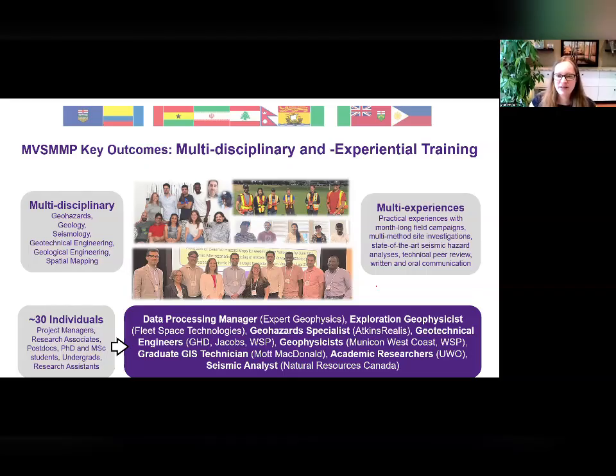One last way to express a wealth of something that happened in the project is that there's a new generation of trained earthquake engineering professionals who are going out into the workforce, who have had the experience of coming together and working on this project, looking at geology, geophysics, geotechnics, and also a wide variety of experiences.